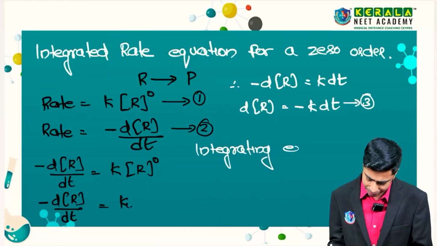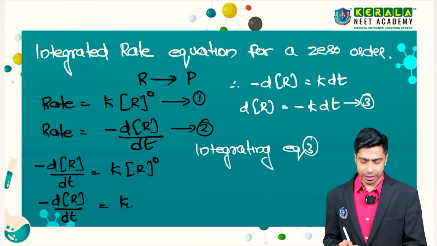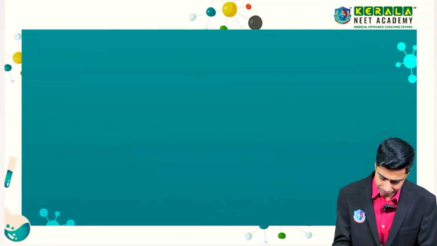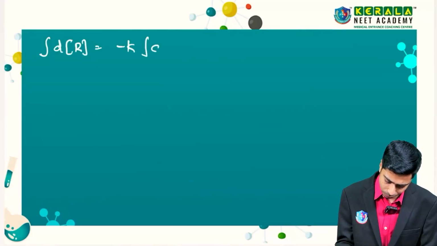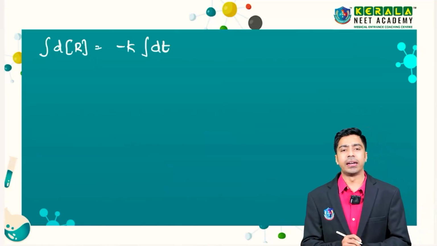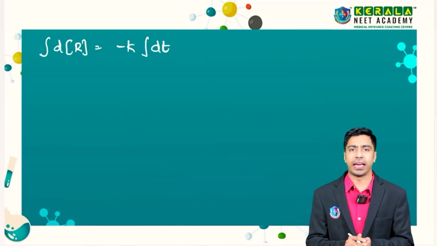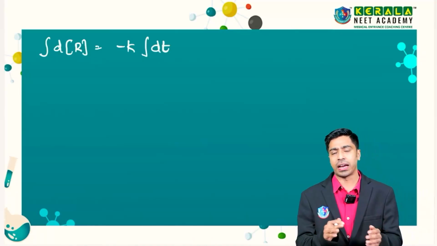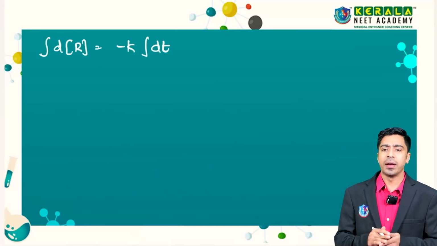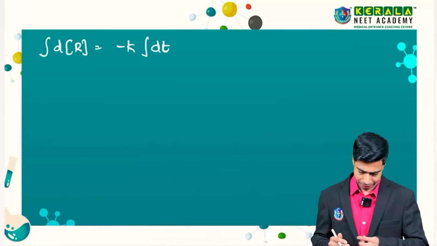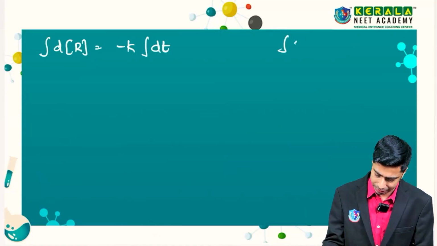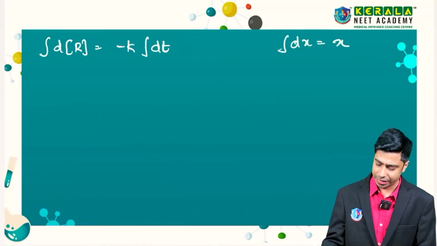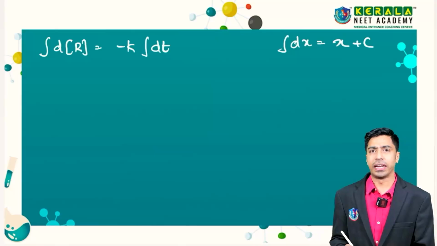On integrating equation 3, we get integral dR is equal to minus K into integral dt. Minus K is a constant, so we take it outside the integral. Now we know that integral dx is equal to x plus an integral constant.